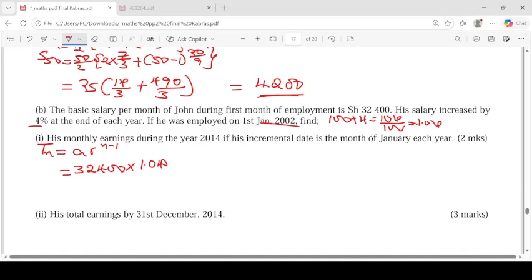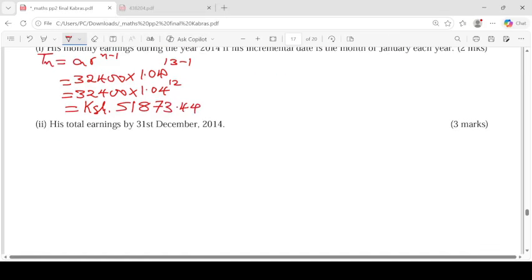Those are 13 years if you count well. So this is power 13 minus 1. So this is 32,400 times 1.04 power 12. When you execute this, ladies and gentlemen, you are going to get Kenyan shillings 51,873.44.